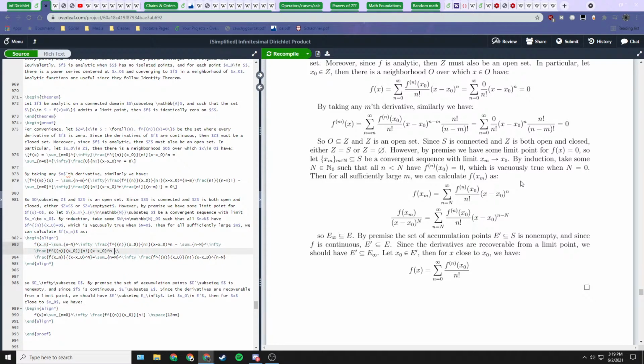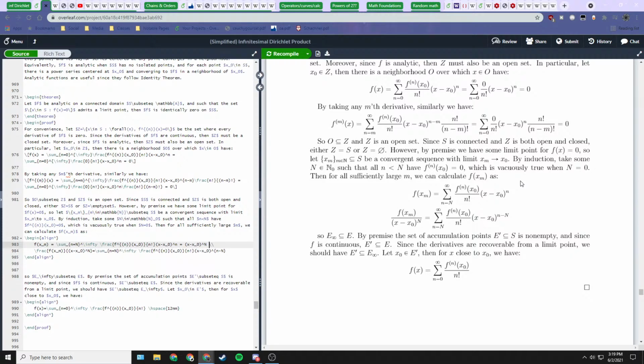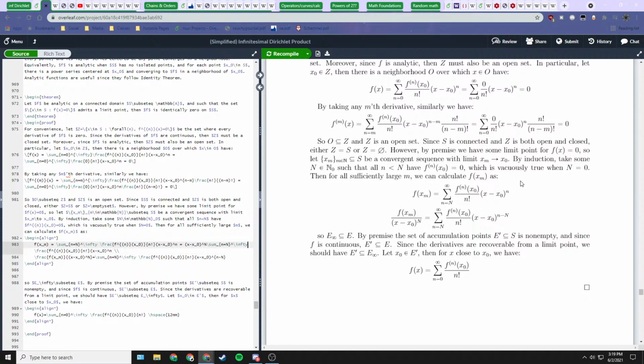We should have a new line here. And we can do (x - x0) to the power n. This should be this same summation. And we can do an index shift now. Instead of n being capital N, we can go n from 0 and just add capital N at each of these points.